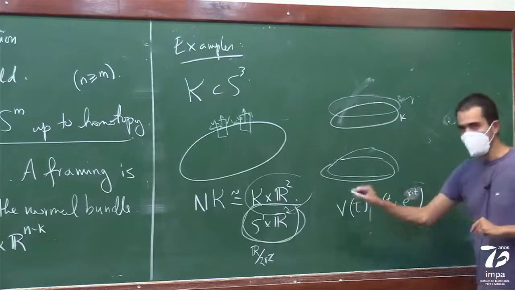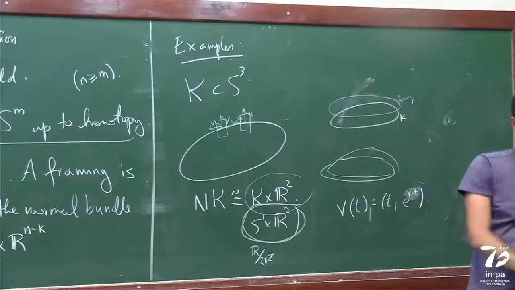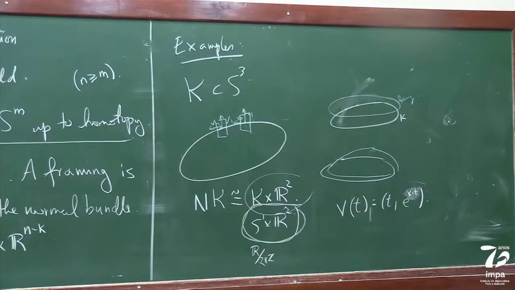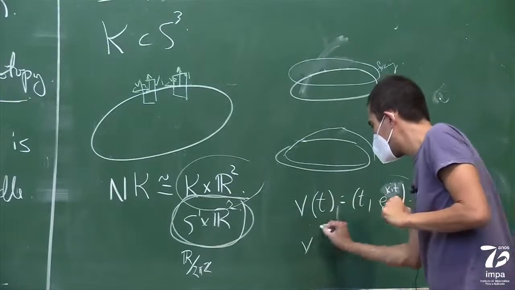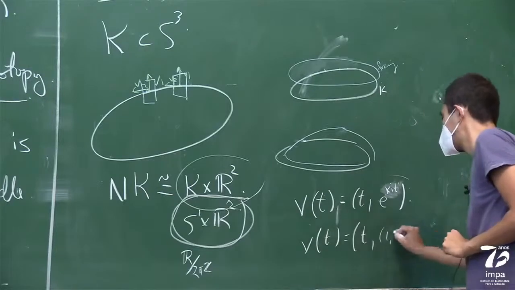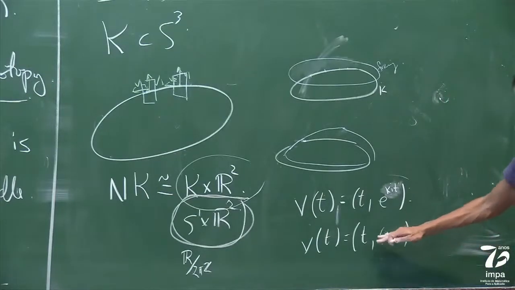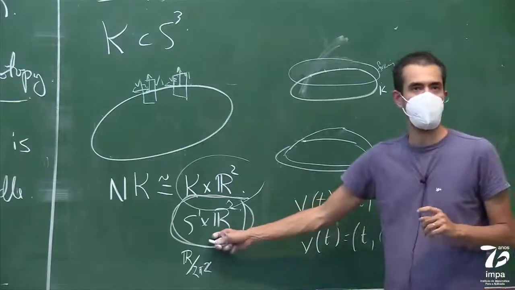If you take this new vector field and its orthogonal complement in a positive fashion, that will give me a new framing of the knot. The old framing would be if I just take the constant one, so this is t and (1, 0). That corresponds to the old framing.